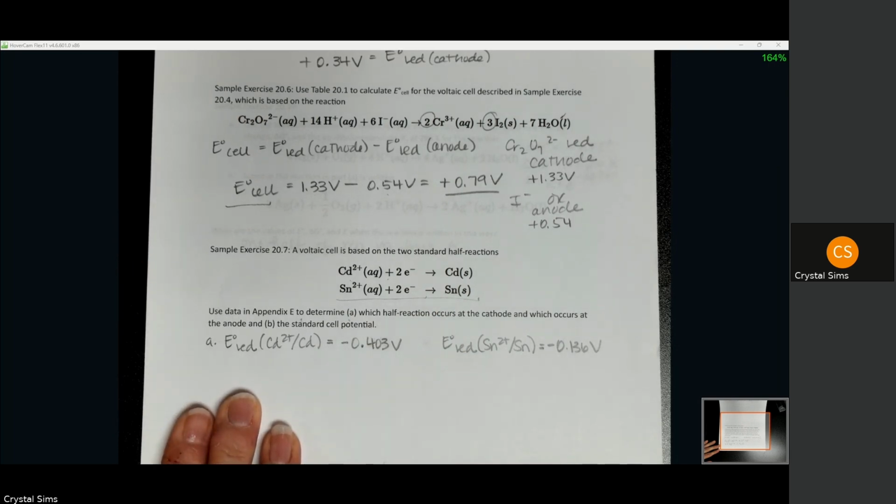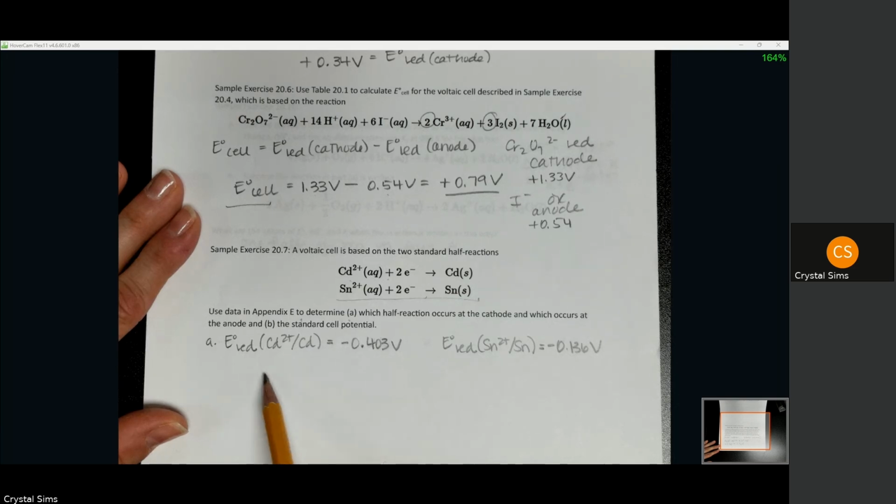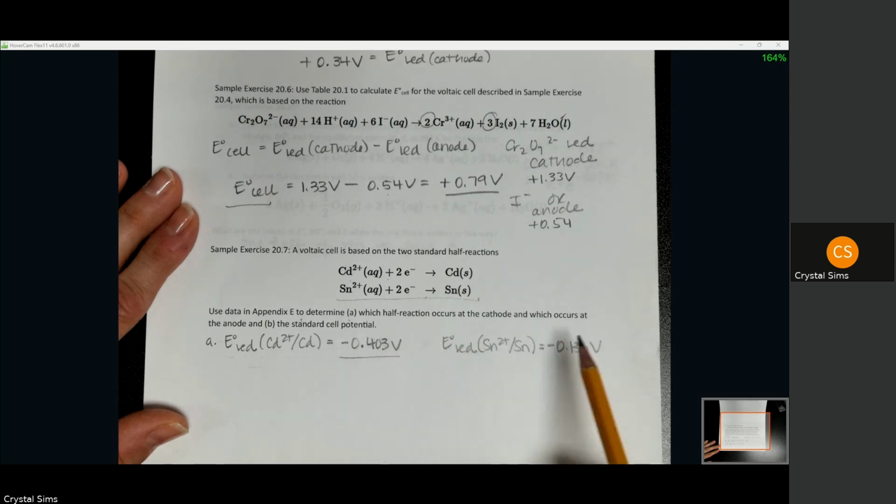We really have to get to the bottom of which one is oxidized and which one is reduced. So I went to the appendix and pulled up our standard potentials. For the cadmium, it is negative 0.403, and for the tin, it is negative 0.136.